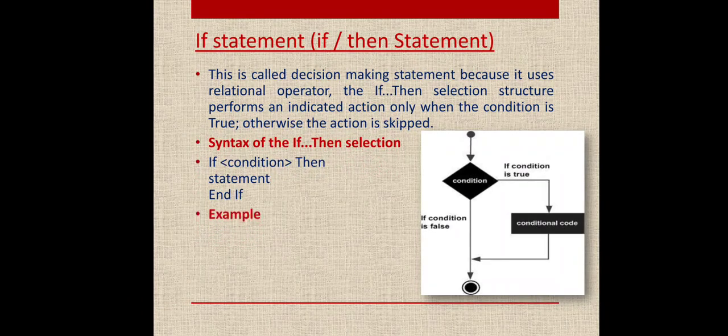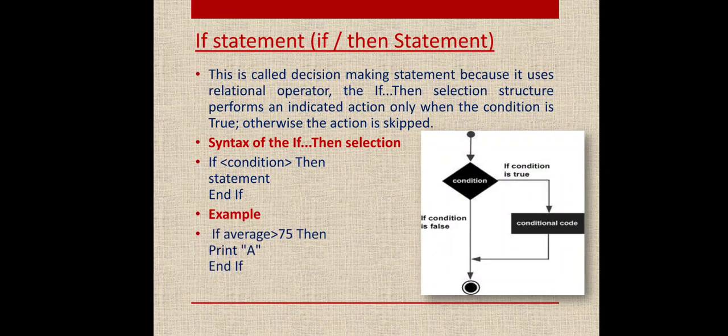Here is an example which will help us to understand this statement. For example, if we write if average is greater than 75 then print A, end if. That means average is a variable, and if the value of this variable is greater than 75, we will get the message A, that A will be printed on the form.